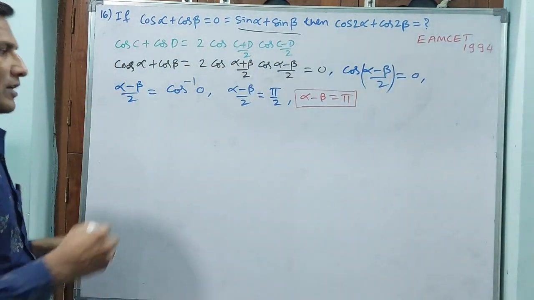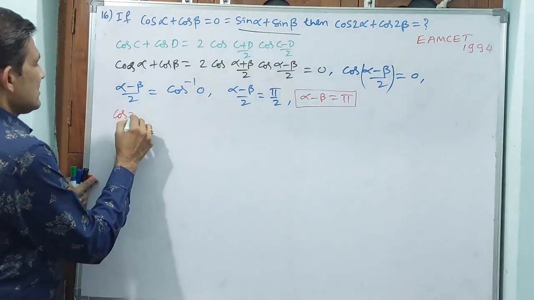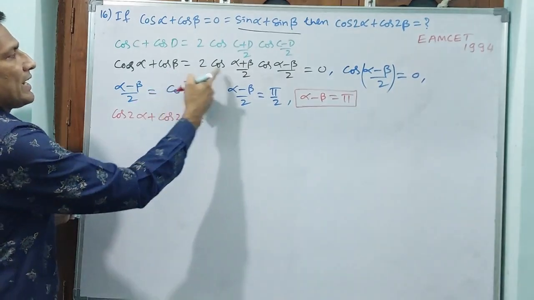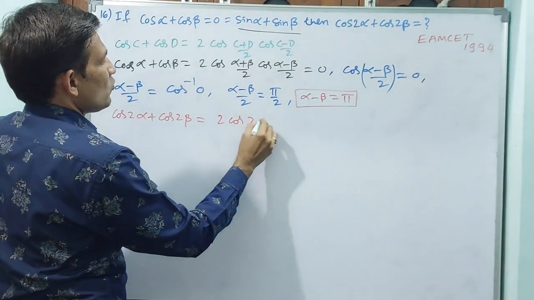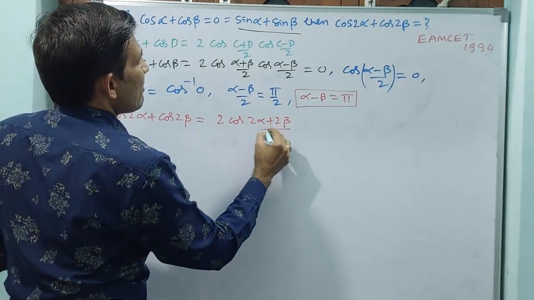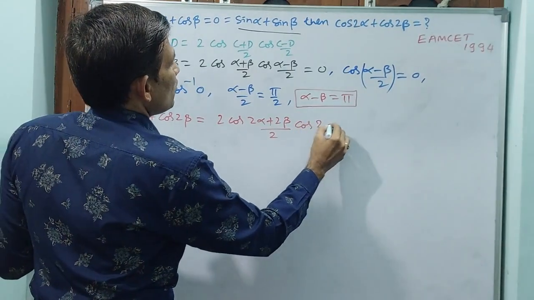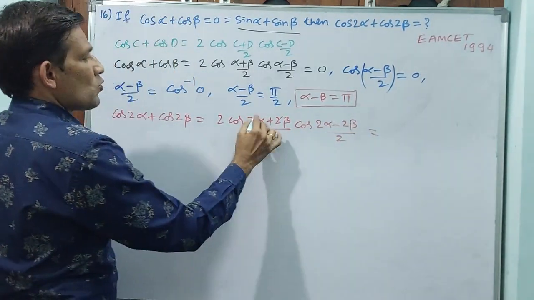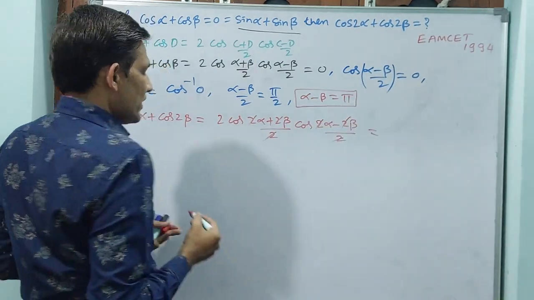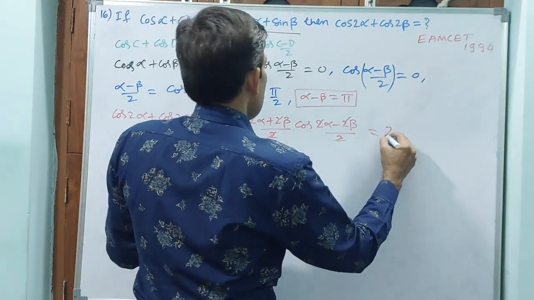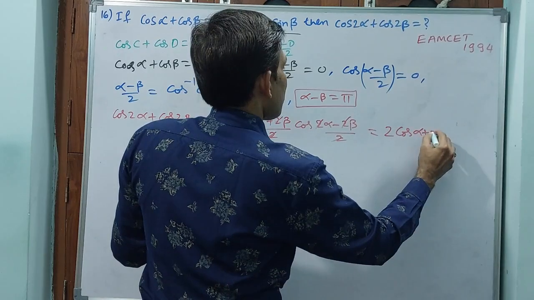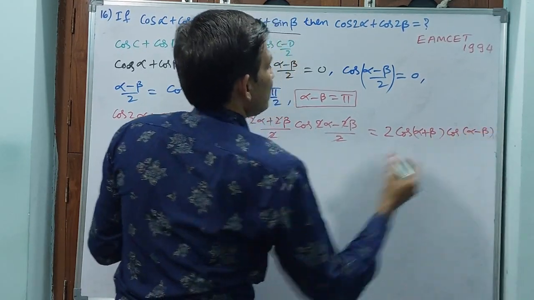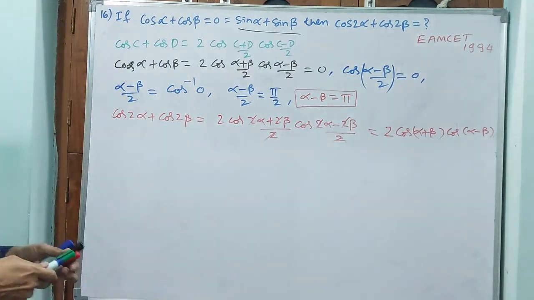Cos 2 alpha plus cos 2 beta. Same as earlier, 2 cos 2 alpha plus 2 beta by 2 cos 2 alpha minus 2 beta by 2. The 2 is going to get cancelled out. If you take common, it becomes 2 cos alpha plus beta cos alpha minus beta. Is it okay? Definitely okay.